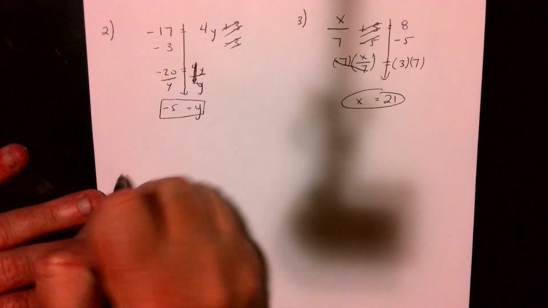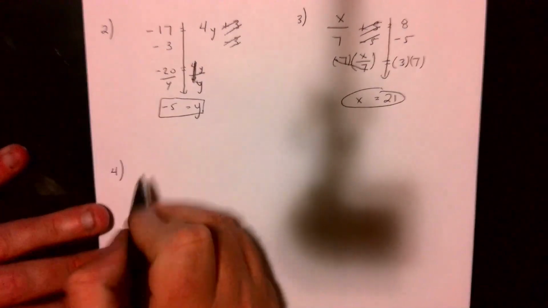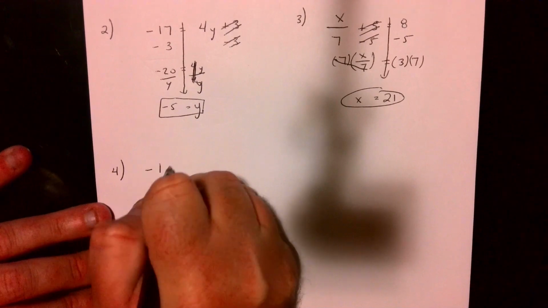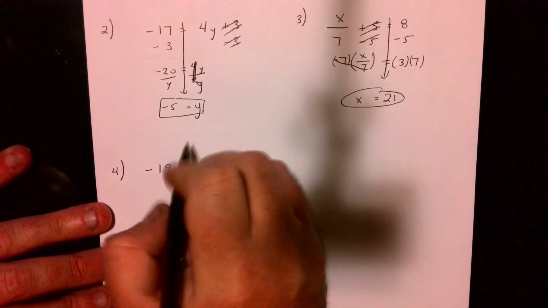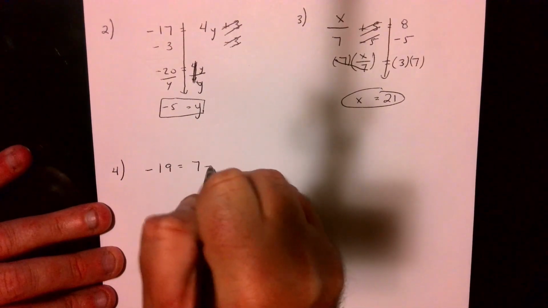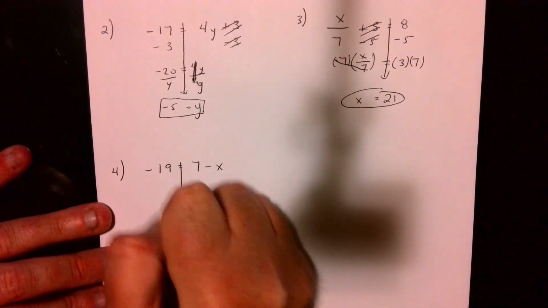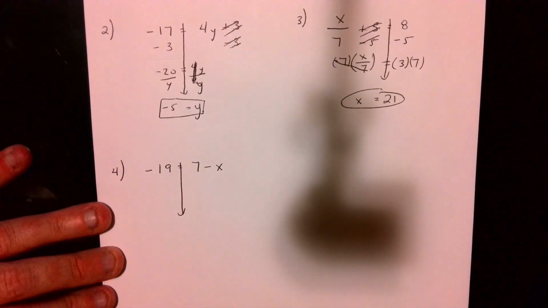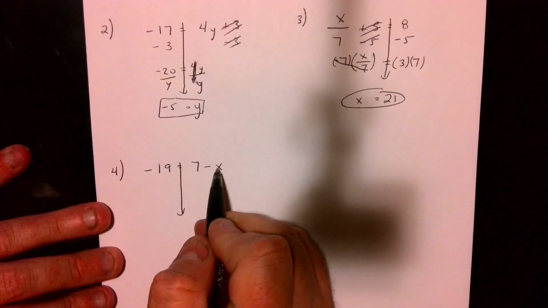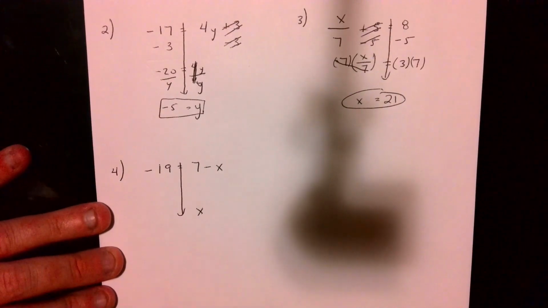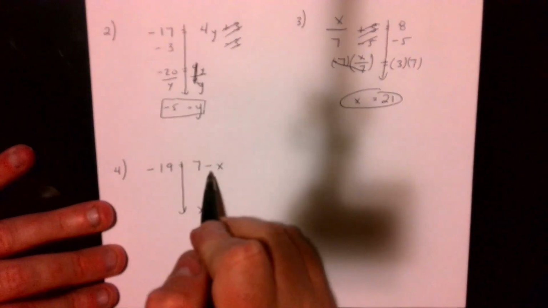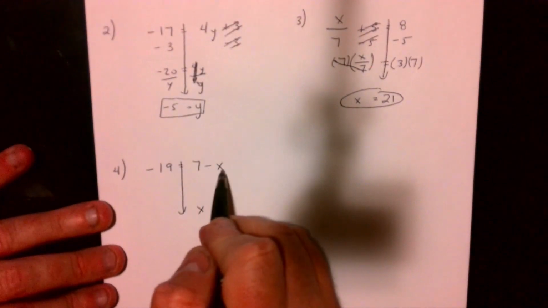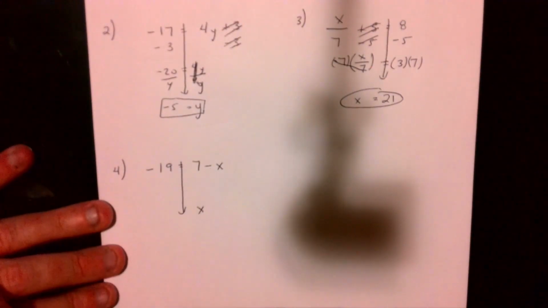There are some tricky ones. We could have situations like this. We're solving for x on this side, so x gets by itself. Now right here, does this negative belong to the x or belong to the 7?